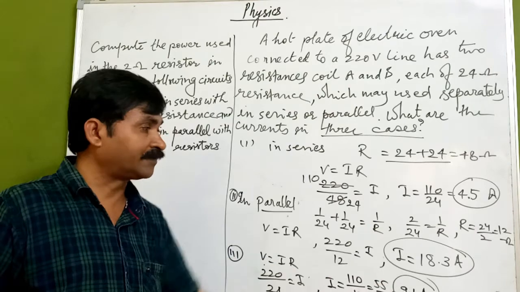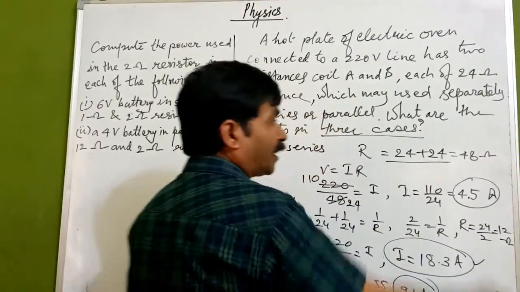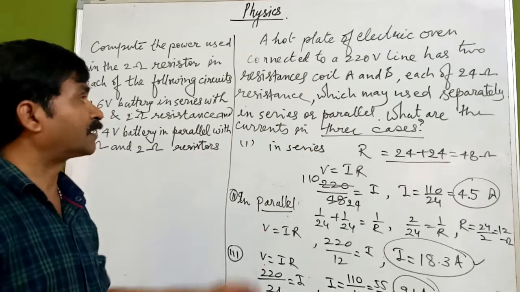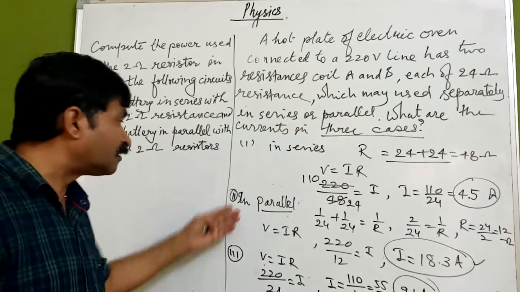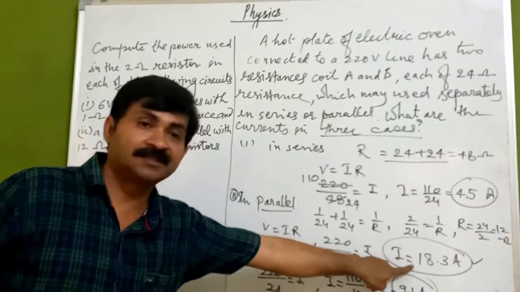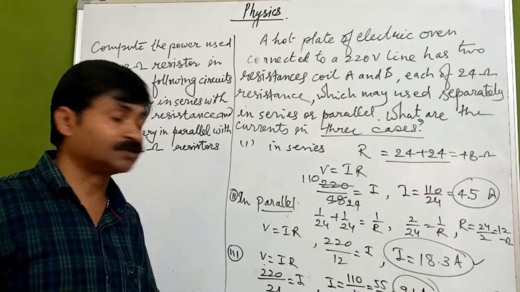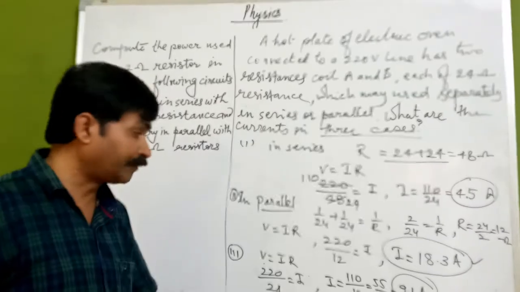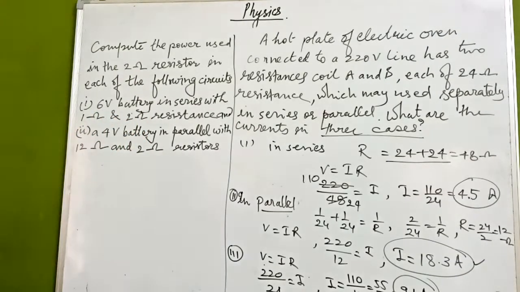So we can conclude: when we connect in series, we get this much current; when we connect in parallel, we get this much current; and when we use only one resistance of 24 ohms, we get 9.1 ampere.